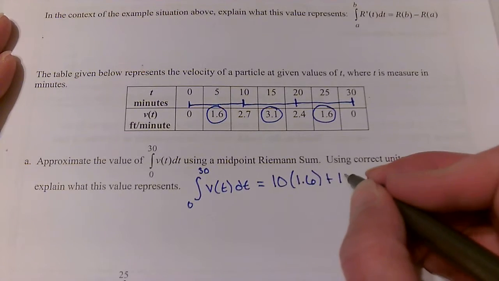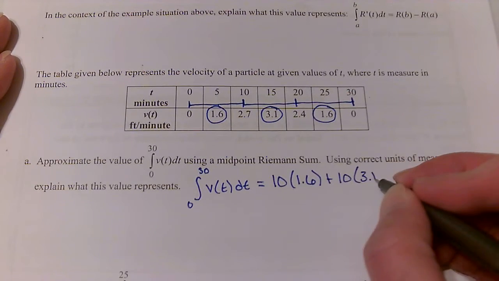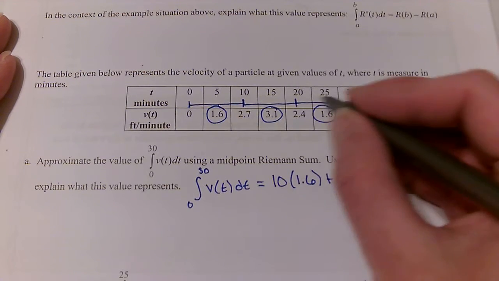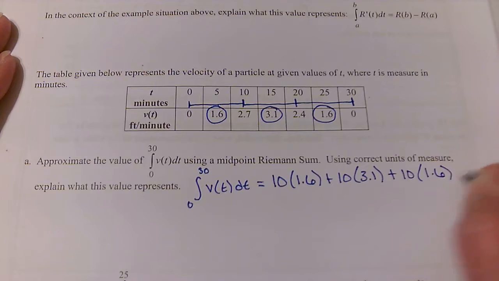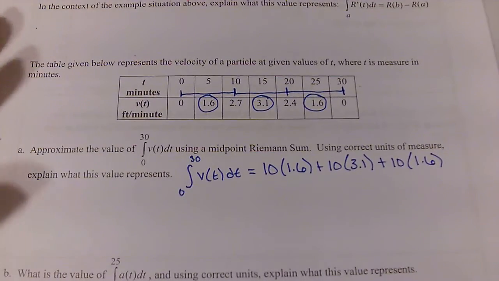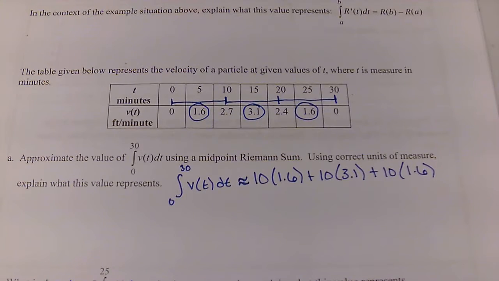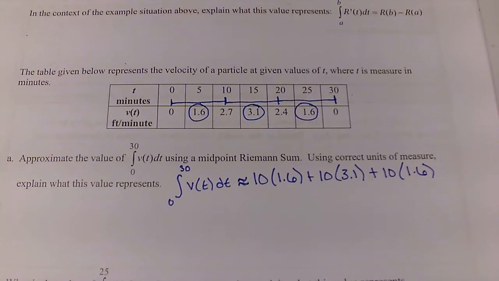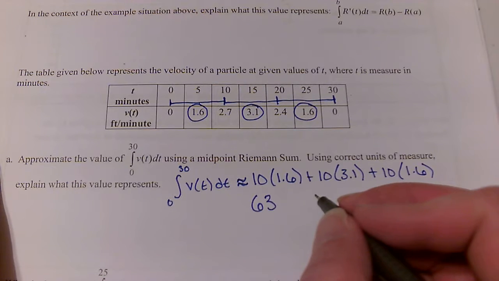The next one has a width of 10 and a height of 3.1, plus a width of 10, and we're going with a velocity as our height of 1.6. Oh, I should use squiggles. Approximation. So that gives me, oh, that's pretty easy, 16 plus 31 plus 16. That gives me 63.